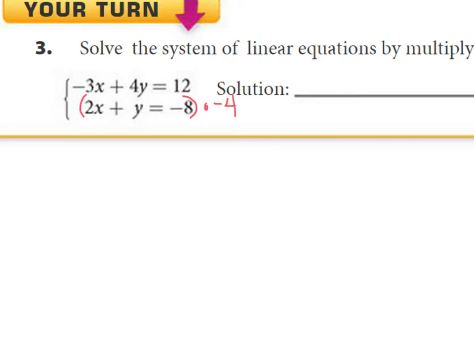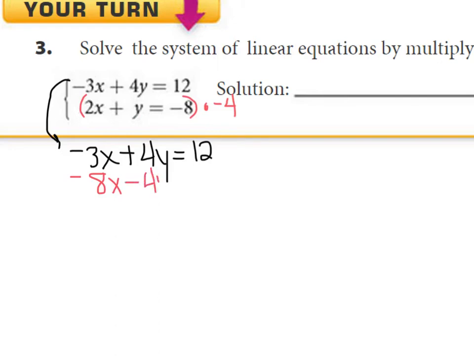So I'm going to rewrite the top equation. Negative 3x plus 4y equals 12. And I'm going to write the second equation after everything's been multiplied by negative 4. So negative 8x, no longer plus y, now it's minus 4y.